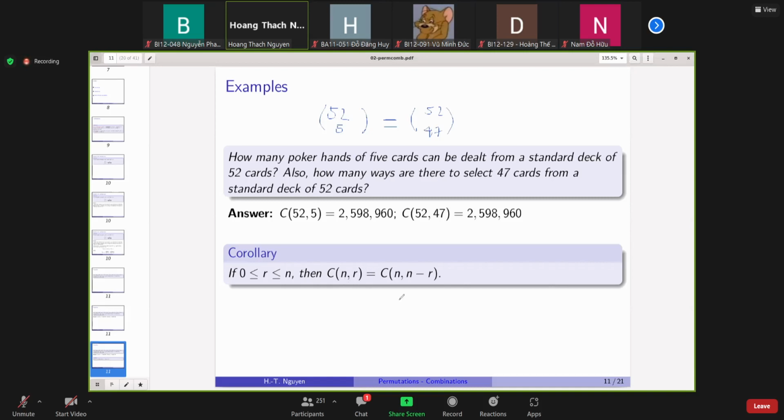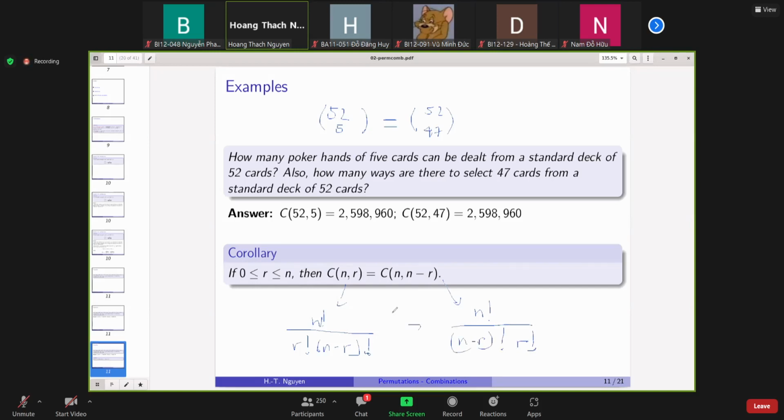Or you can use the formula directly, because if you write this, then you have n factorial divided by r factorial times n minus r factorial. On the other hand, you also have n factorial divided by n minus r factorial times r factorial.